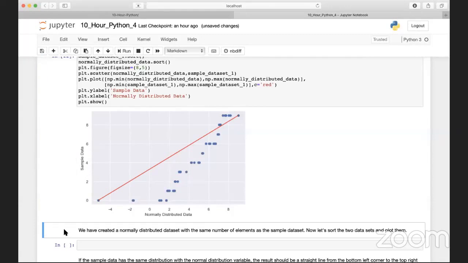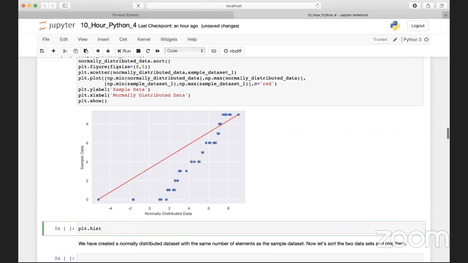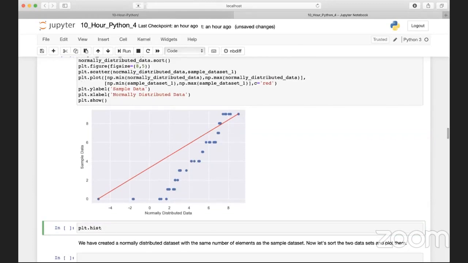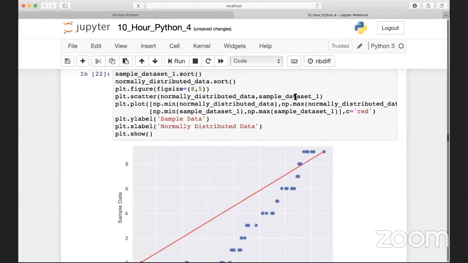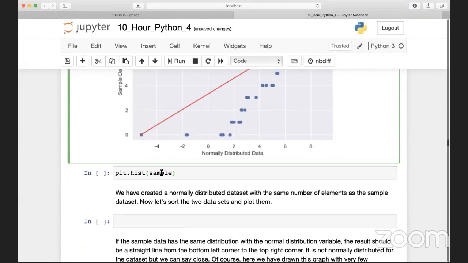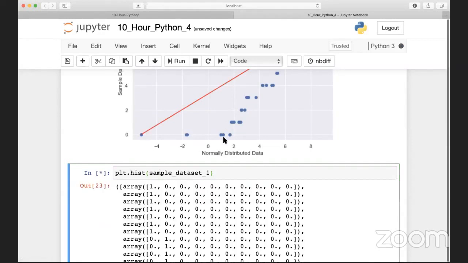Okay, let's check it using the histogram. I will do it bigger, I forgot to do that. What was the name of the data? Sample data set 1. As you know, a histogram gives us an idea about the distribution.